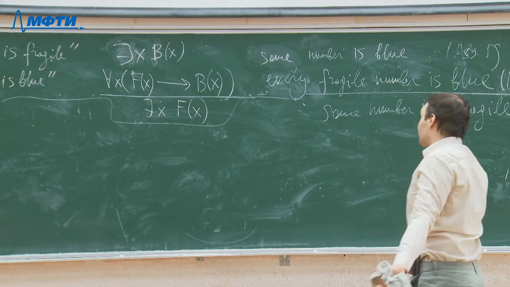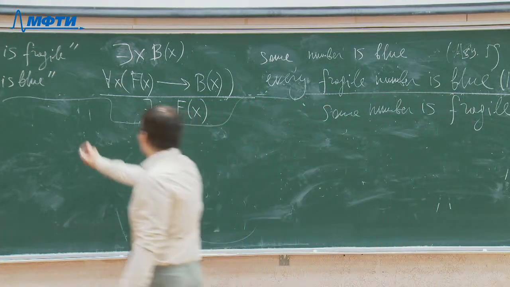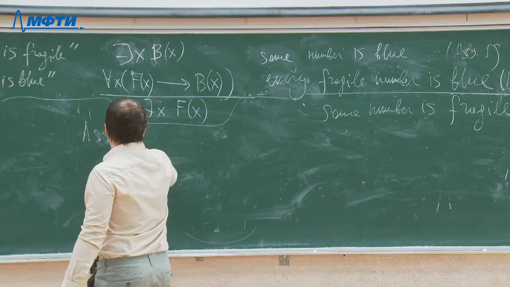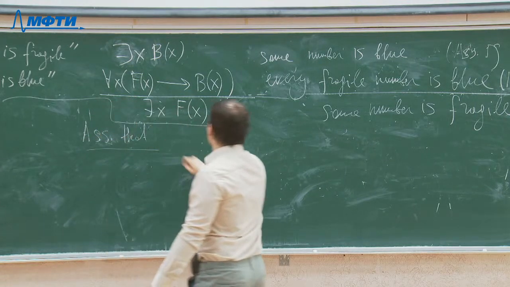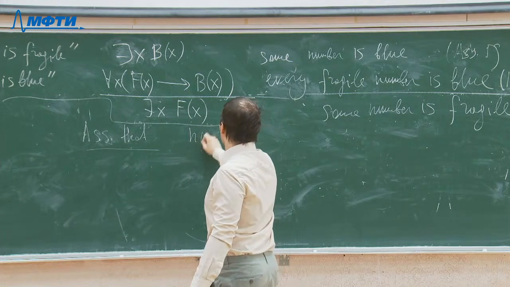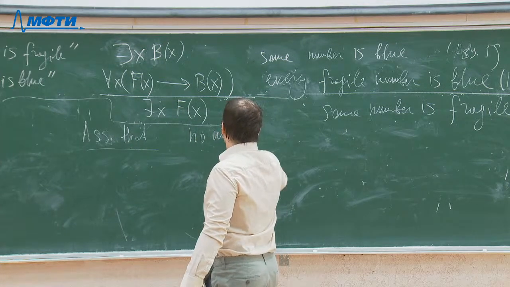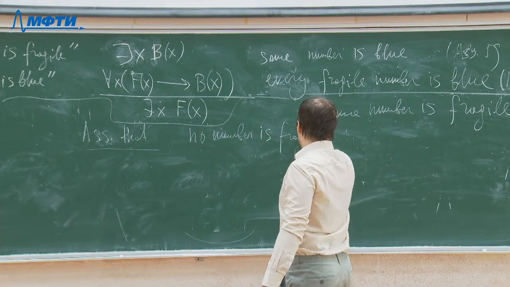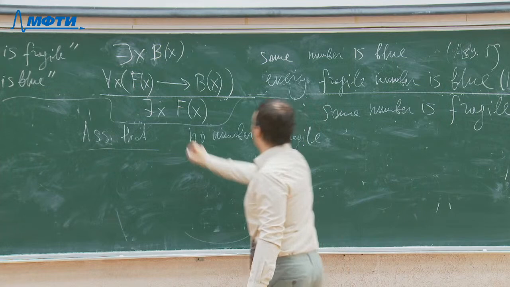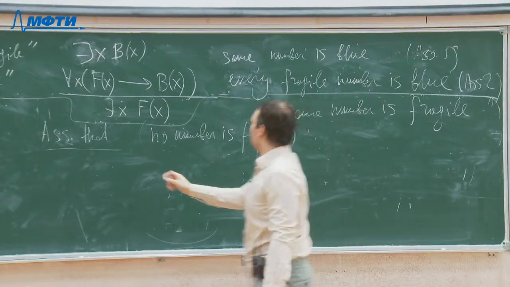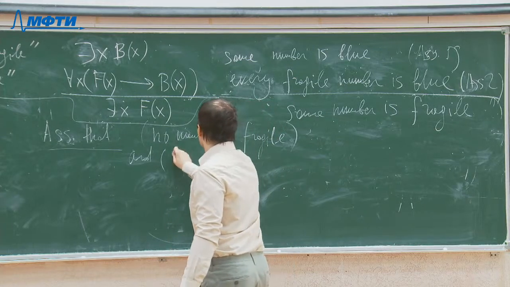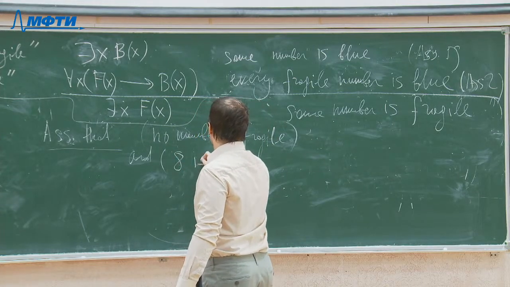We are reasoning formally. Assume that no number is fragile. No number is fragile, and say 8 is blue.